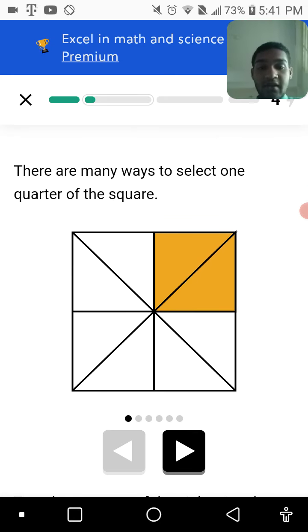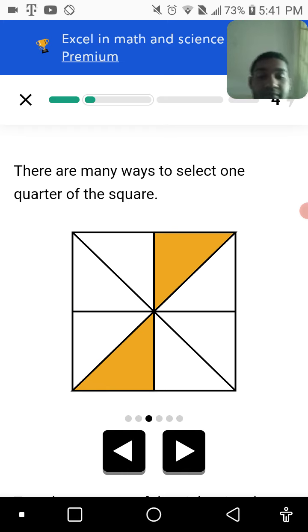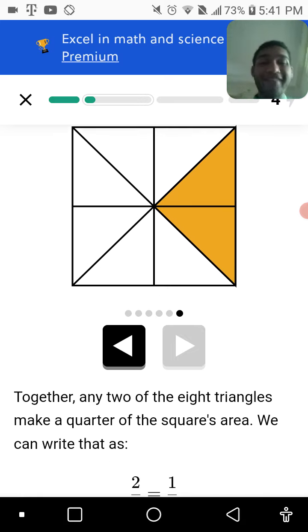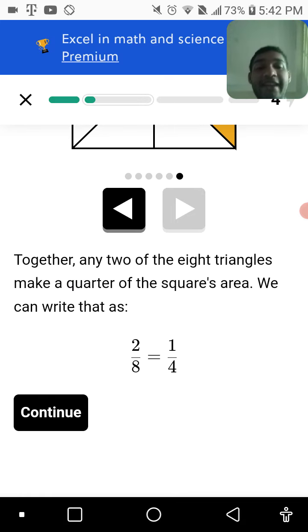Then there are many ways to select a quarter of the square. Oh man, this is like Brilliant, really great interface and learning experience.